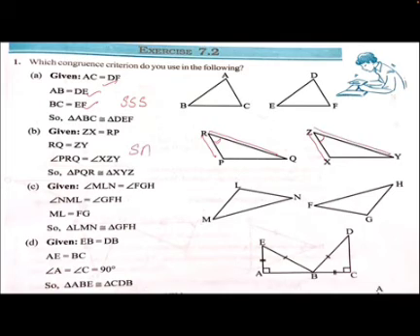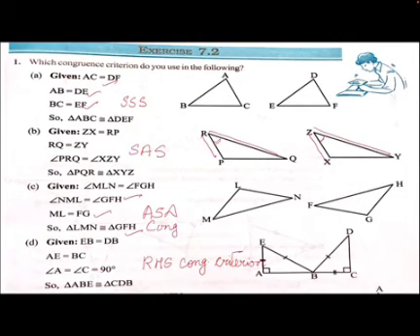So clearly it is side, angle, side. Third one, angle, one side, one angle: ASA congruence criterion. The next one, clearly you have right angle triangles, so it is RHS. You have to write RHS congruence criterion or rule.